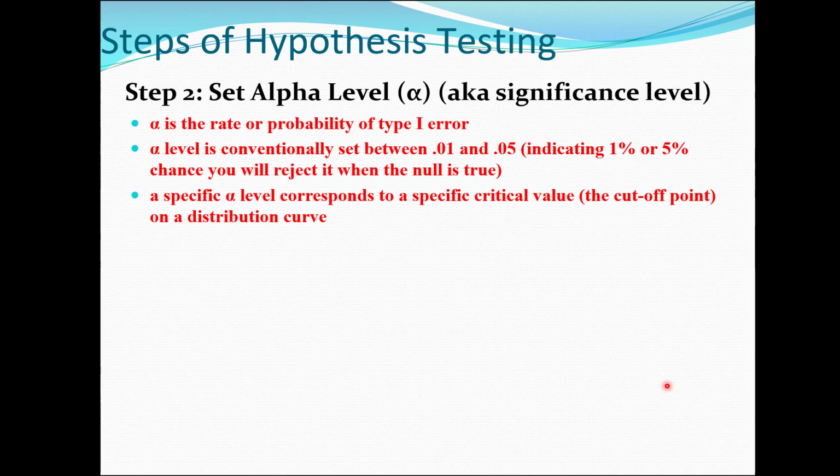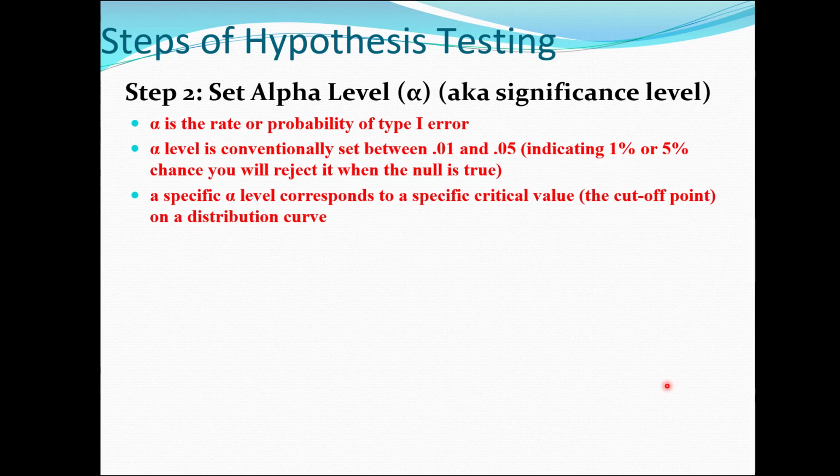You should be able to find a lot of research studies setting their alpha level at 0.05 and some other research studies setting their alpha level at 0.01. You might ask me when I should set my alpha level at 0.05 and when I should set my alpha level at 0.01.